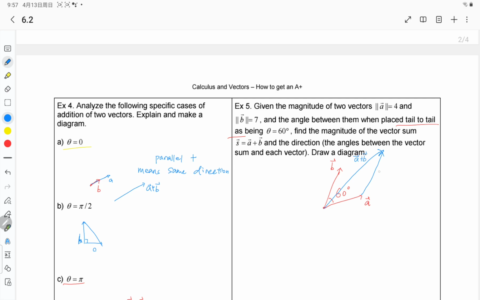So A plus B is here, and then B is here. And then what do we do?